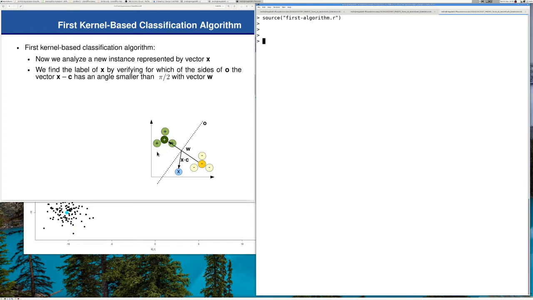However, if x were at this location over here, x minus c would be a vector like this, and the angle would be acute, smaller than 90 degrees. Of course, if I compute the inner product, or the dot product, of a vector like this, having an acute angle in comparison to w, the result will be positive.